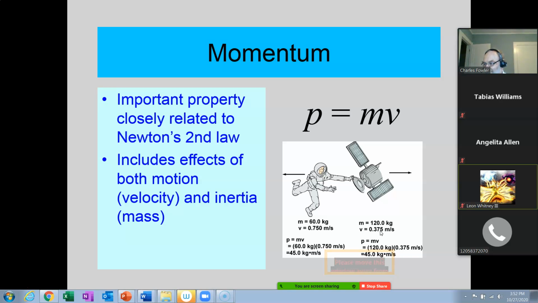I don't do that one in my head as easily, but if you've got a calculator, pull it out here. I've got my phone. Okay. And do 120 times 0.375. And you get 45 kilogram meters per second again.